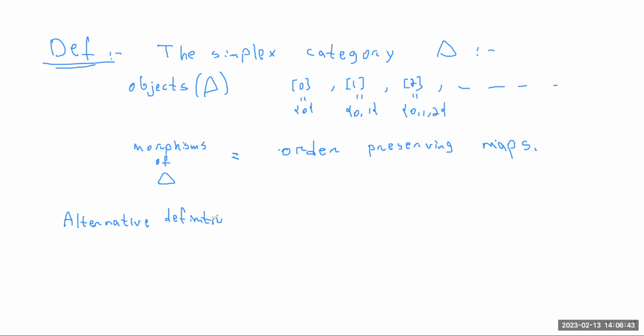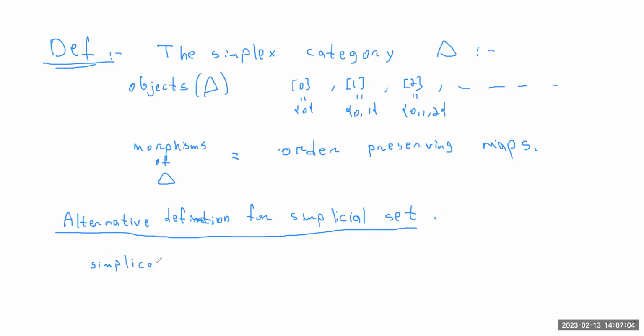Definition for simplicial sets: a simplicial set is a functor X from delta opposite to set.